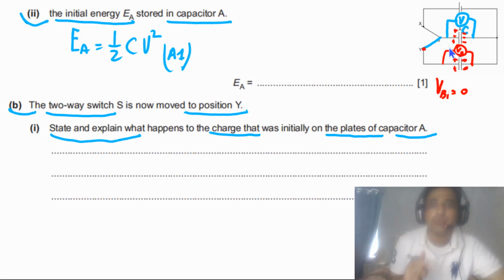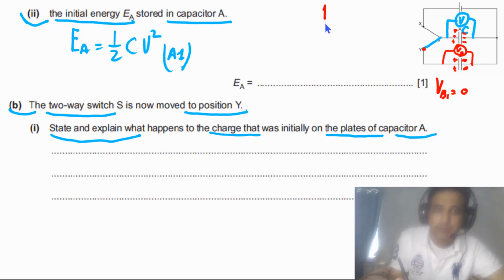And the second thing you need to understand: are these two capacitors connected in parallel or in series? Most students get confused about this part. If you look at these two capacitors, the positive plate is connected with the positive plate.